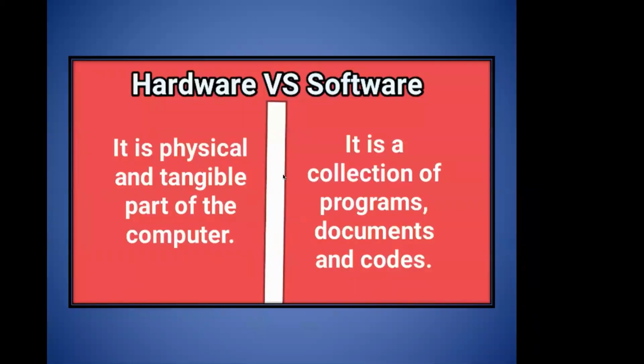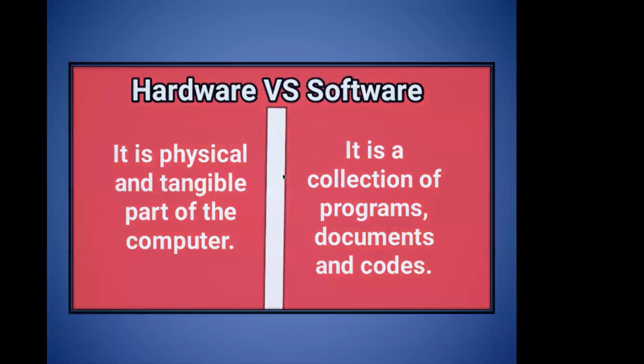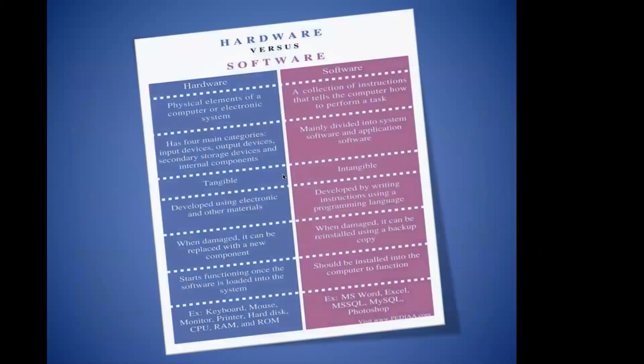Let us differentiate. Computer hardware is any physical device used in or with your machine, whereas software is a collection of programming code installed on your computer's hard drive. In other words, hardware is something you can hold in your hand, but software cannot be held in your hand. Can you think of any more differences?